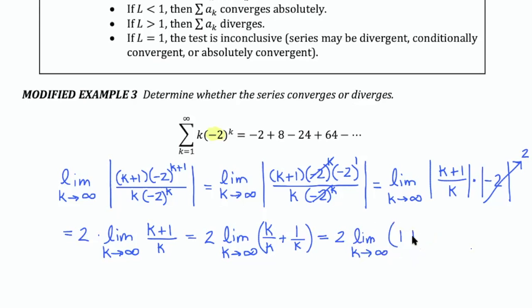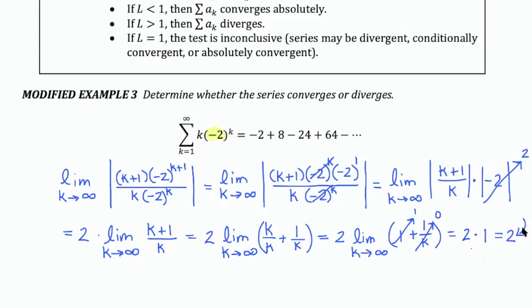So I have 1 plus 1 over k. I can look at each of those parts and say, okay, the limit as k goes to infinity of a constant stays a constant. This fraction, as the denominator gets bigger, will go to 0. 1 plus 0 being 1, I have 2 times 1, or 2.